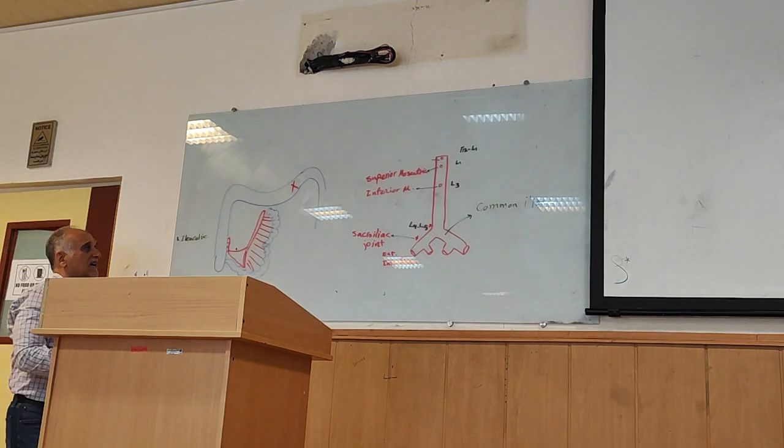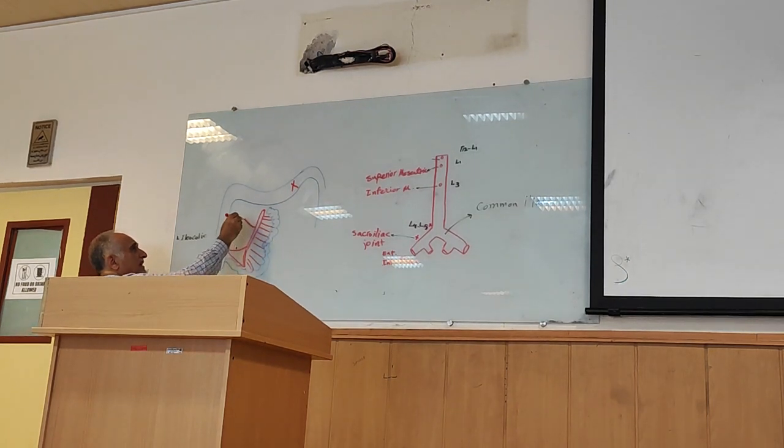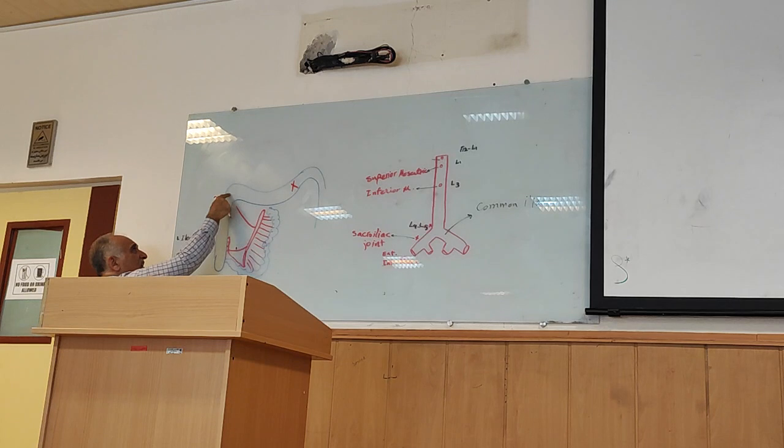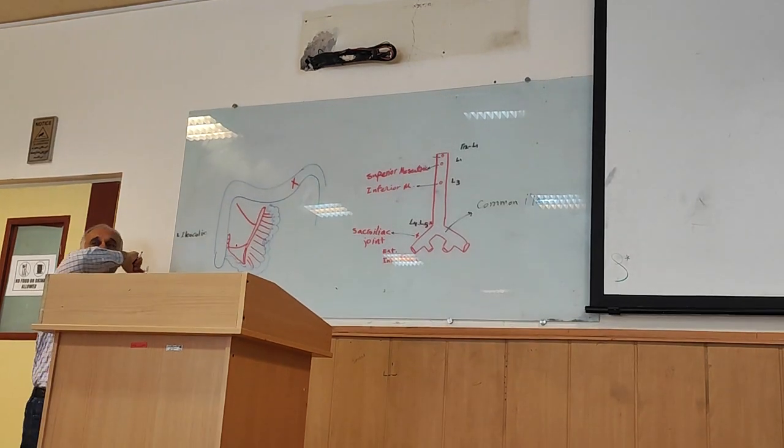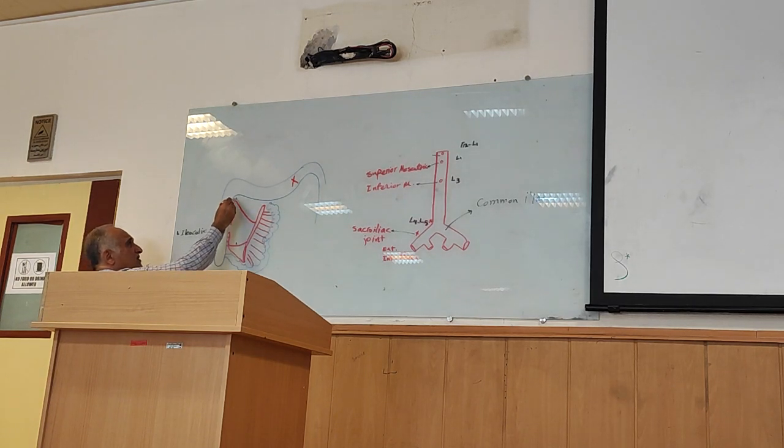So, another branch that separates from these and goes to the right reaches the right colic flexure. We say right colic flexure and left colic flexure. When it reaches here, again it divides into an inferior and a superior branch.